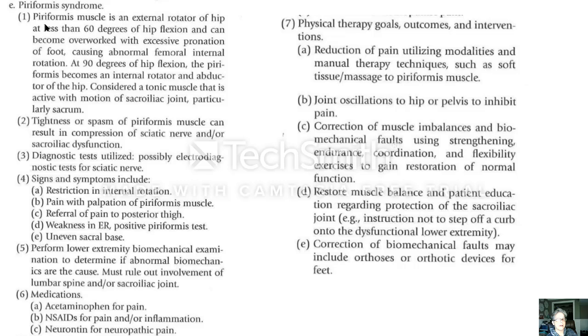So like when a patient is walking, the hip is at less than 60 degrees of hip flexion, so the piriformis is an external rotator. It can become overworked with excessive pronation of the foot, which is causing the hip to go into internal rotation.